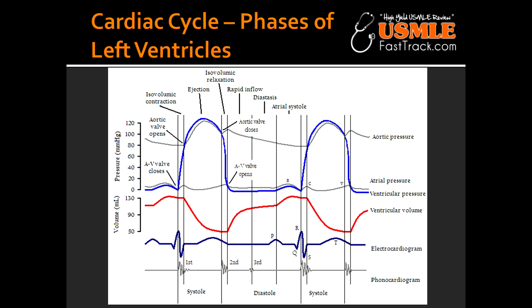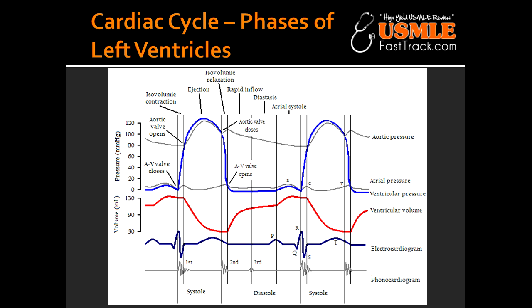Once the aortic valve opens, all the blood that's in the left ventricle will start releasing into the aorta, and that will cause the reduction in the volume in the left ventricle. So that you could see here by number 2, because that's the systolic ejection. All the blood is getting out of the heart and going into the aorta, and that is causing the volume to reduce. So that's represented by number 2.